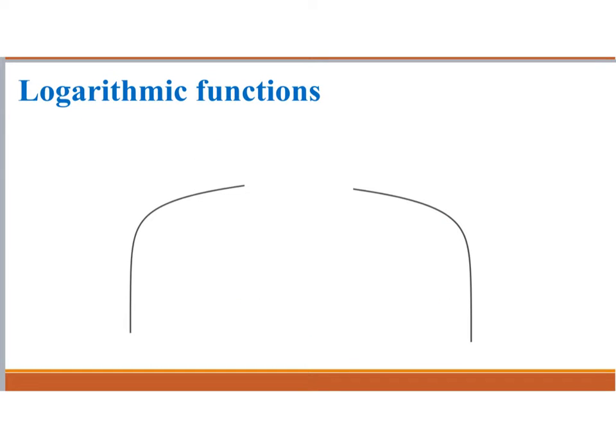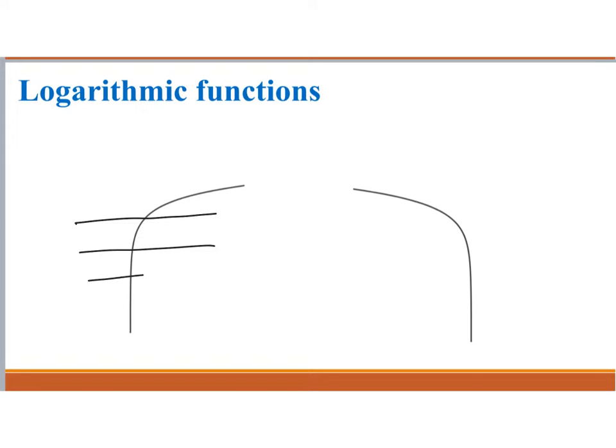On the other hand, if you have a logarithmic function, recall that the graph could either be this increasing curve or this decreasing curve. And again, either way, each of these functions pass the horizontal line test.